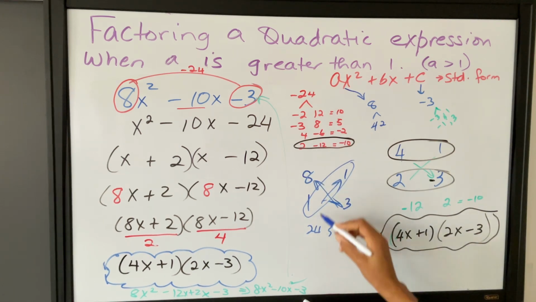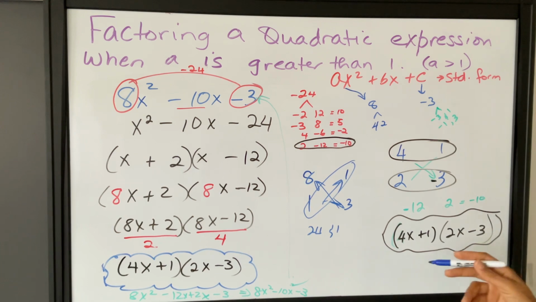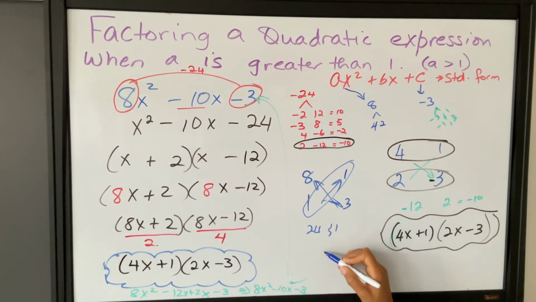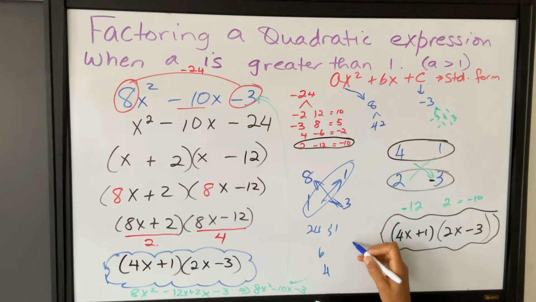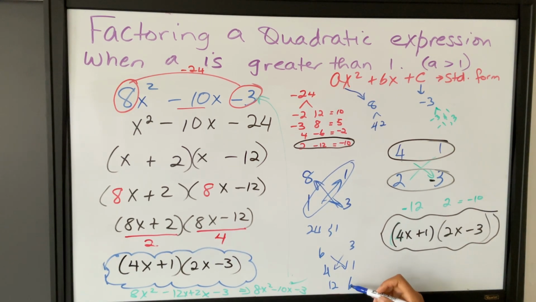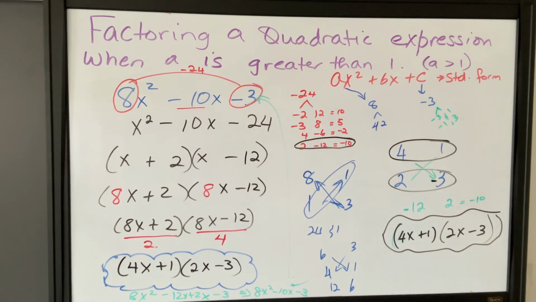So trial and error, you have to use this method, but you have to do a lot of trial and error in order to get to the correct one. Because if you have also chosen 6 and 4, and then you need to do 3 and 1, if you cross multiply here, you'll notice that will give you 12, and this would give you 6. So, but if you have 12 and 6, even if you negate one of these, you still have to make sure that you end up with negative 10 as your middle term, all right?